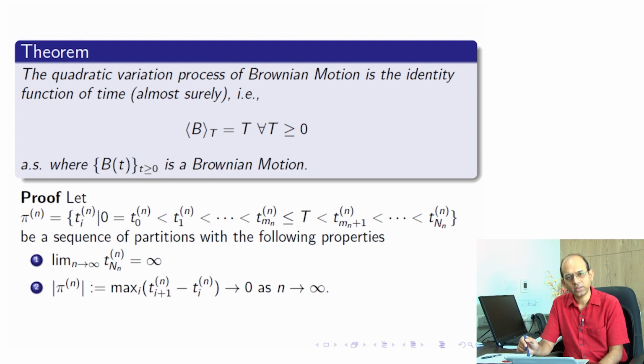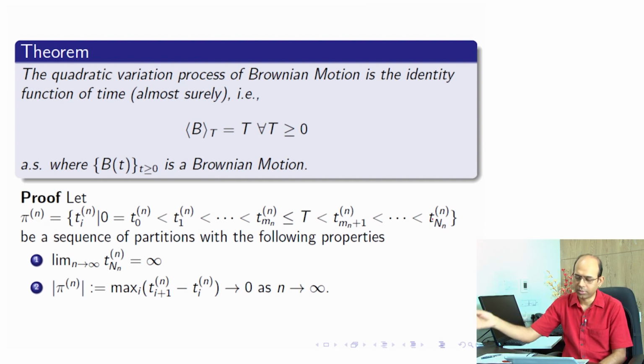The right hand point is some time, and for the n plus 1th partition, the last time point would be a little larger. So the number of points would also increase in a particular manner. What is the manner? The limit as n tends to infinity of that right hand point is infinity, because a partition always has only finitely many points, but we are trying to partition towards the whole real line.